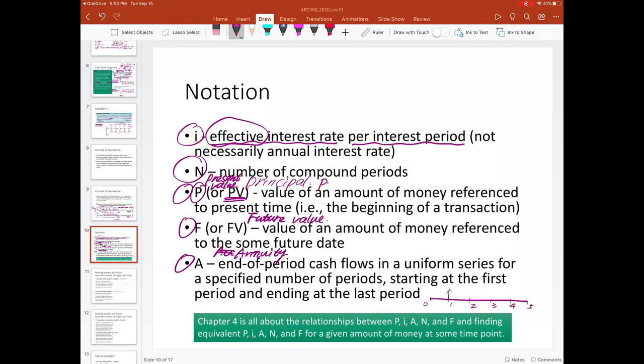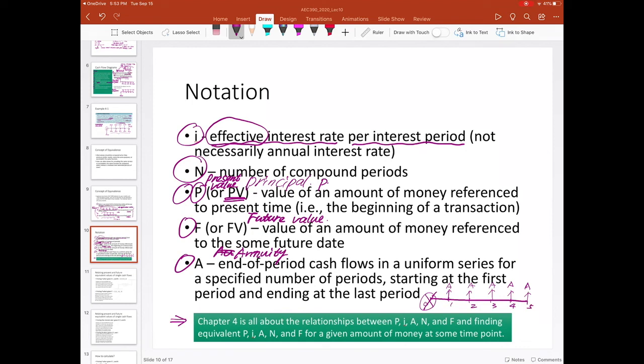Say you have 5 periods. The annuity could be income or outcome, but it's always at the end of each period, not at the beginning. And here we have some tips. Chapter 4 is all about the relationships between P, I, A, N, and F. It's all about how you convert a value at present to the future, or convert a future value to the present.